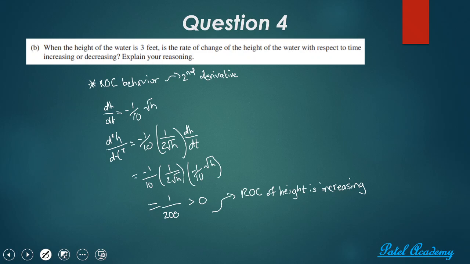Alright, and so once again, if you were to explain the reasoning, you could say by the first derivative test, and then I would put it in brackets, first derivative greater than 0. Alright, so that's part B.